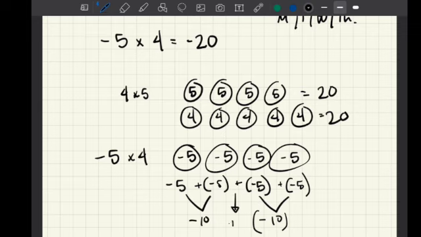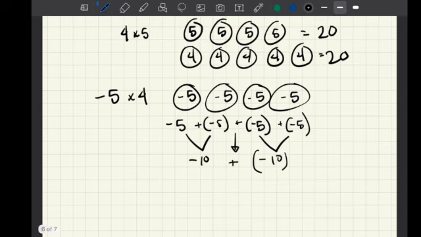We still need to add them together, and negative 10 and negative 10 is negative 20. So this is just another way to show how when we're multiplying a positive number and a negative number, we get a negative answer.